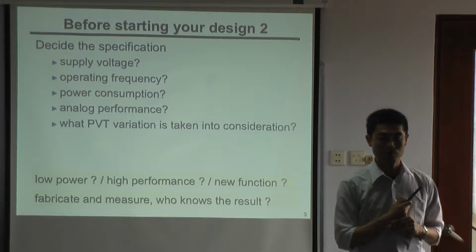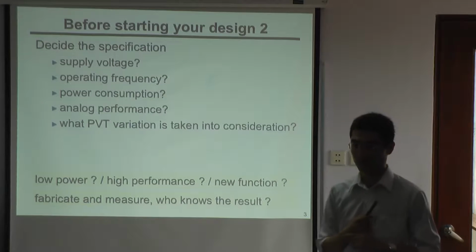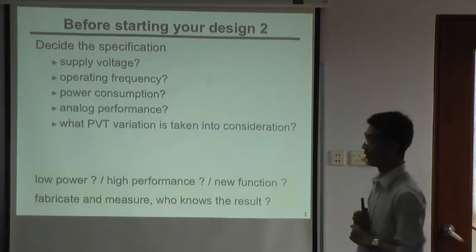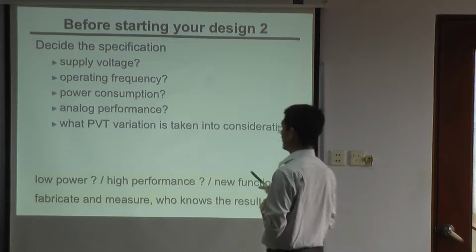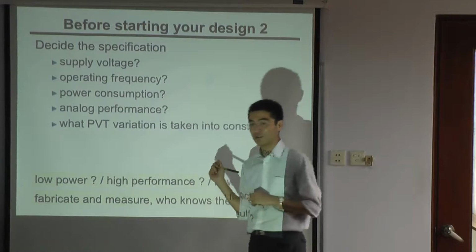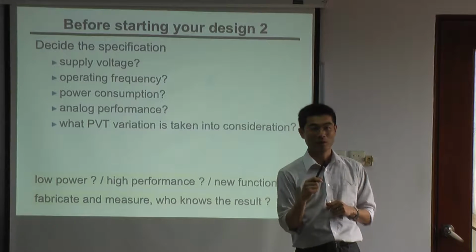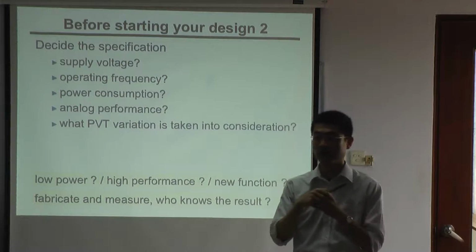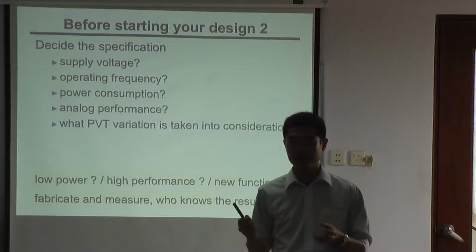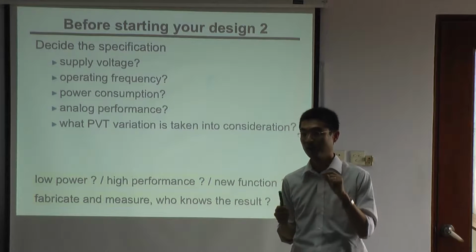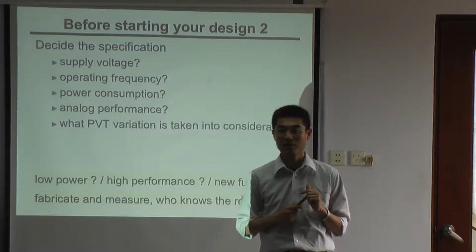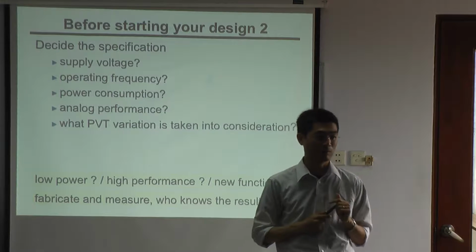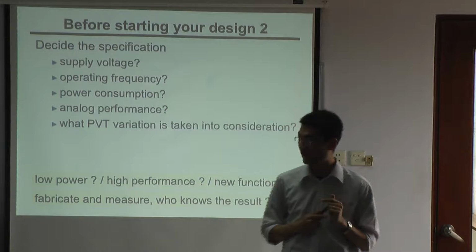And also, we will suffer from PVT variations. So what kind of PVT variation is taken into consideration? We have to take all process corners. Is that 1 sigma or 3 sigma? What is the supply voltage variation? Is it plus minus 5% or plus minus 10%?